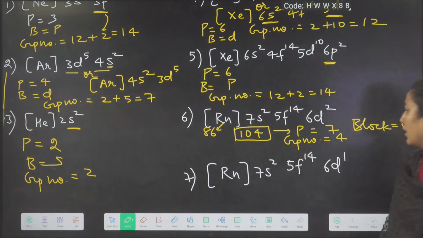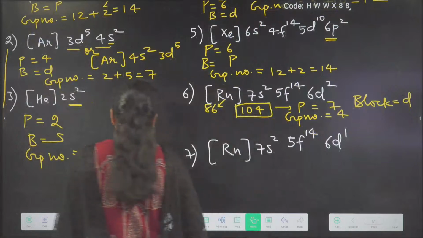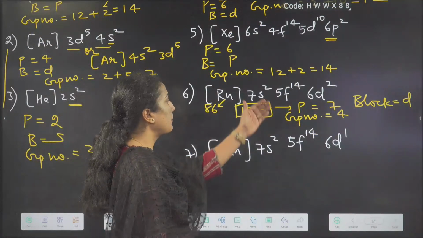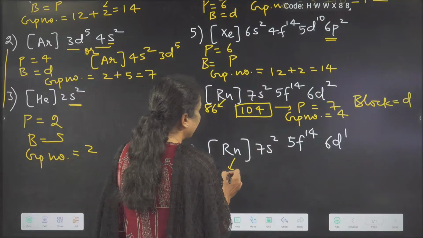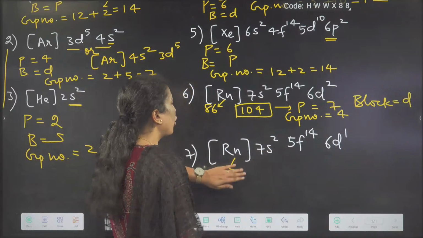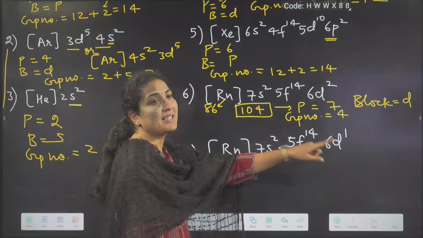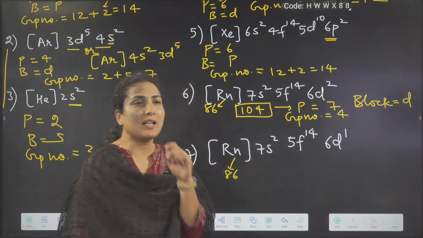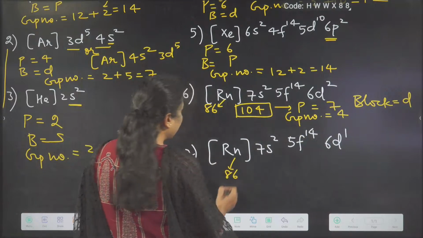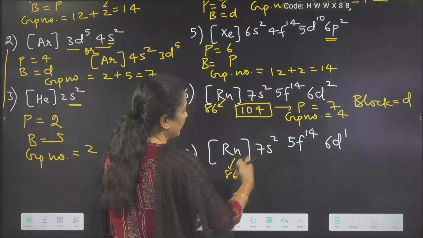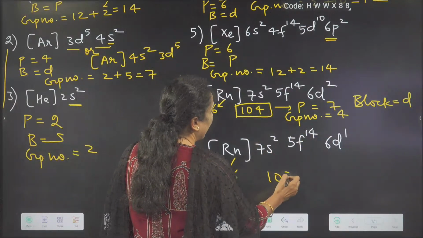Now, why am I always counting and writing for that F, especially for the last period? Because it can create confusion. I am writing here 86. If you do not count, you may end up writing this as a D block element, thinking that the last electron is entering into the D subshell. So now in this case, it is 86 plus 14, 100, and you are having a total of 103.